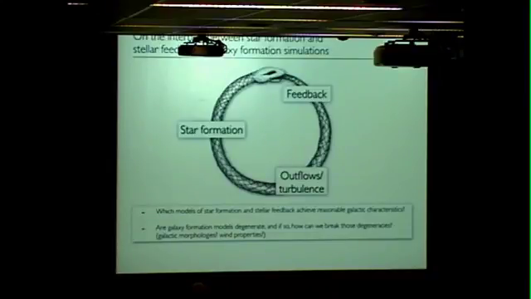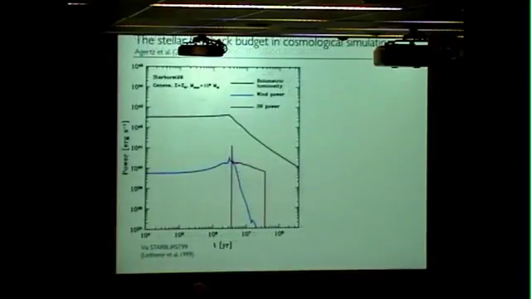I'm just going to start from the feedback scale. What I'm showing you here is the luminosity output from a single stellar population taken from Starburst 99. The luminosity is a function of time, and I'm plotting the bolometric luminosity of the starlight, the wind mechanical luminosity of the stellar winds from young massive stars, and the mechanical luminosity from supernovae.